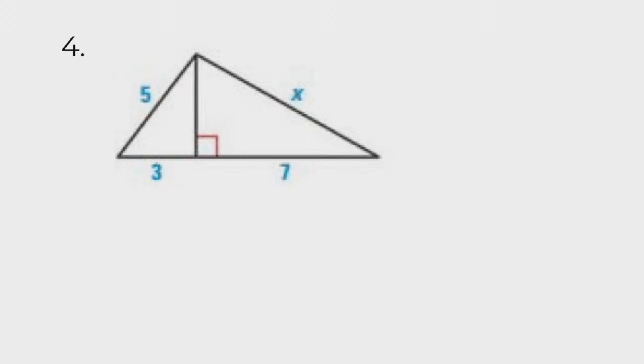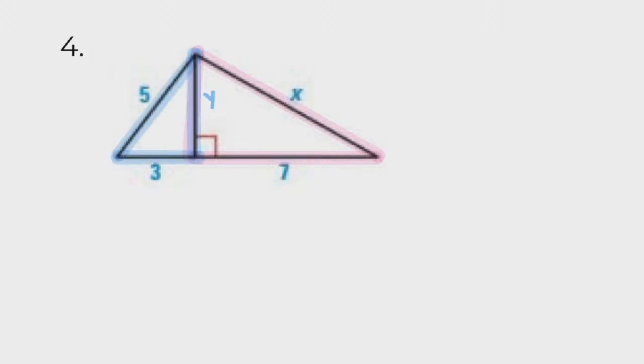Okay, number 4, we have a couple of unknowns. We have x, and we have the side length I'm going to call y. So in this triangle here, we have 2 things we don't know. So we first actually have to find y using the left triangle.